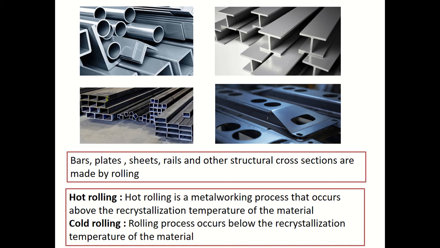Hot forging is a process carried out at a temperature above the recrystallization temperature. I hope that while discussing hot forging, I told you what recrystallization is. Recrystallization is a process by which deformed grains are replaced by a new set of defect free grains.